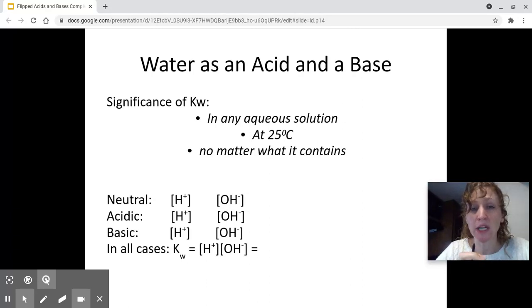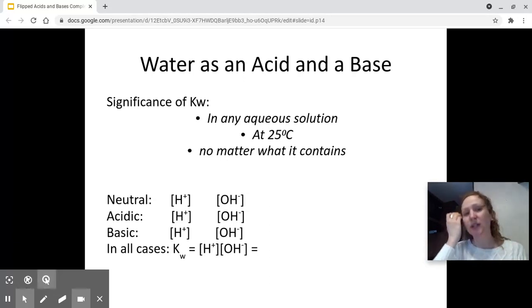Now, if we add things into this solution, that messes with our hydrogen and hydroxide concentrations, right? So if we have only water present, then that water is going to split into a 1-to-1 ratio of hydrogen and hydroxide concentrations. They're always going to be equal as long as you just have water present.